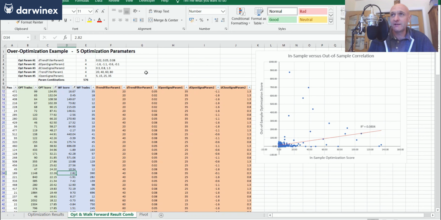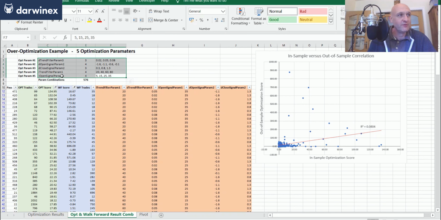And hopefully that gives you an illustration of why it's so important to keep the degrees of freedom of your system low in order to obtain both more statistically significant results, but also much more effective results in your optimizations. And the temptation is always to optimize more parameters because intuitively that's what you think should give you better results.